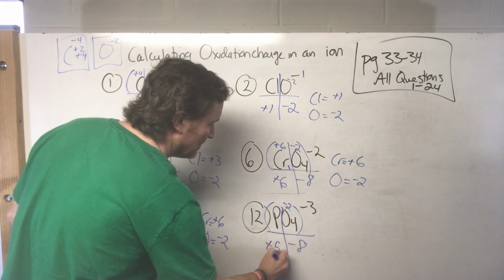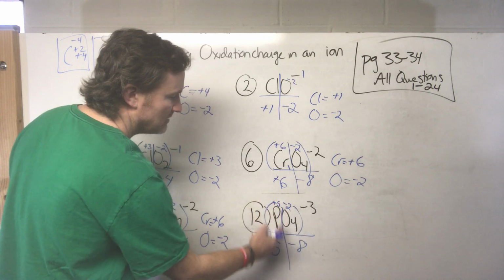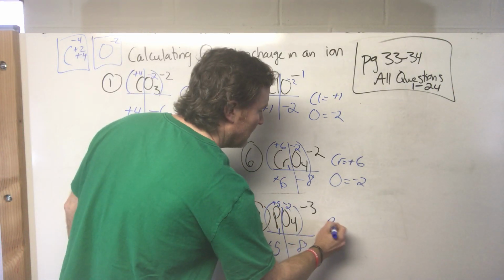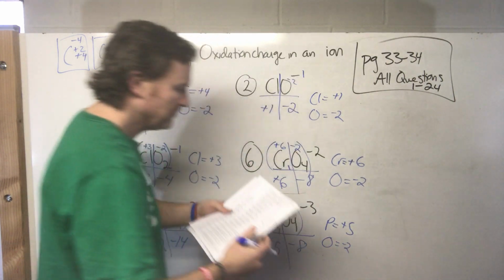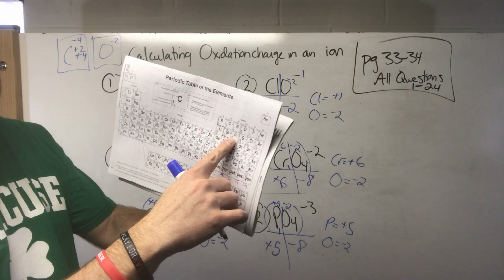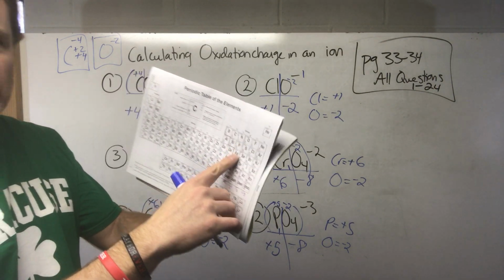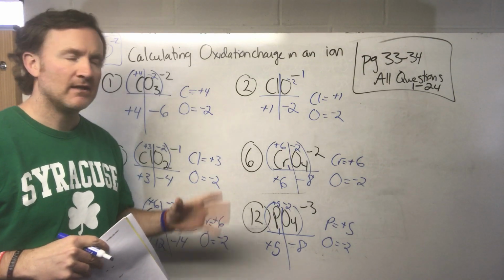This has to be a +5. There's only 1 phosphorus, so 1 times 5 is my value. So phosphorus equals +5, oxygen equals -2. If we look at phosphorus on your chart, over there in the top right, phosphorus has -3, +3, and +5. So hopefully that makes sense.